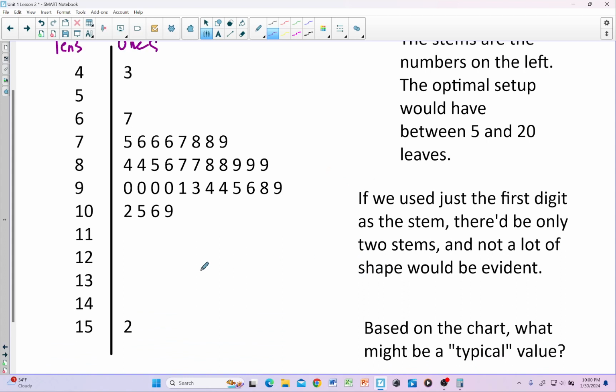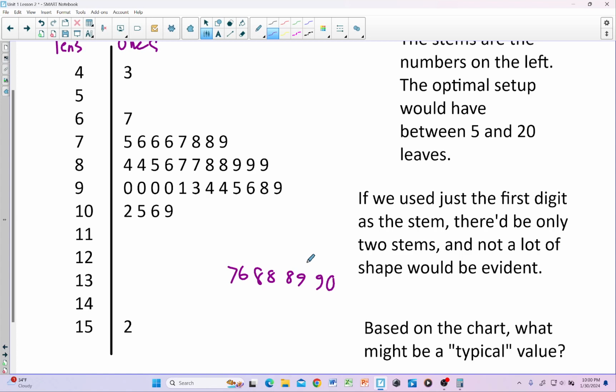let's think about this. What would typical values be in this data chart? Here it's really easy to see that because each number is represented, 76 looks pretty typical. 88, 89, 90 would be typical.